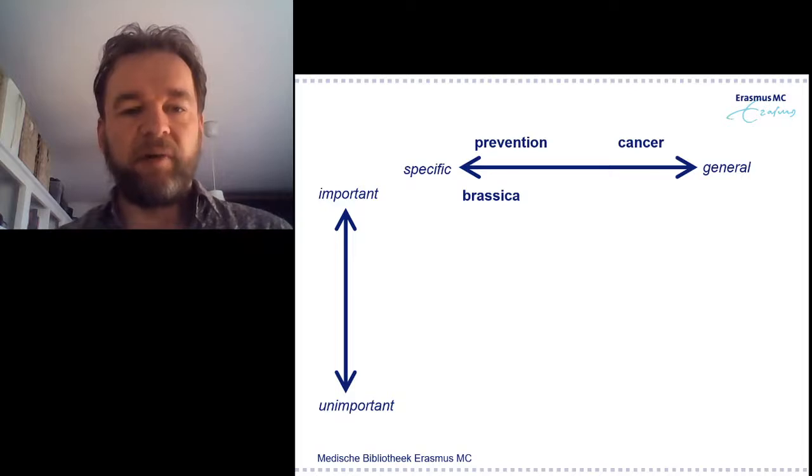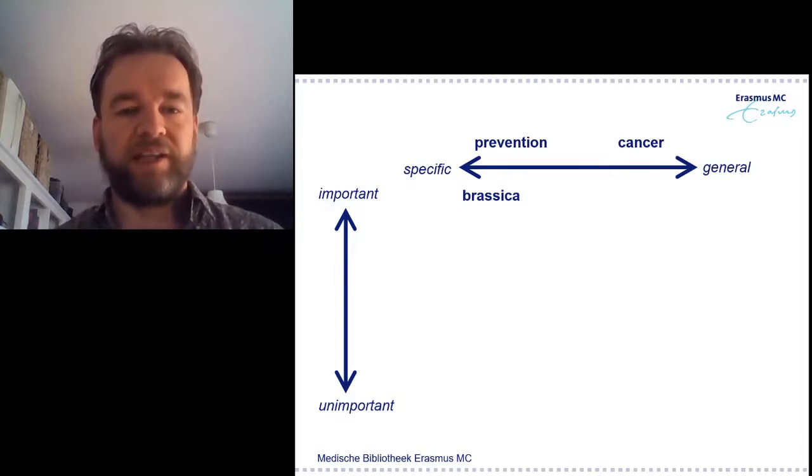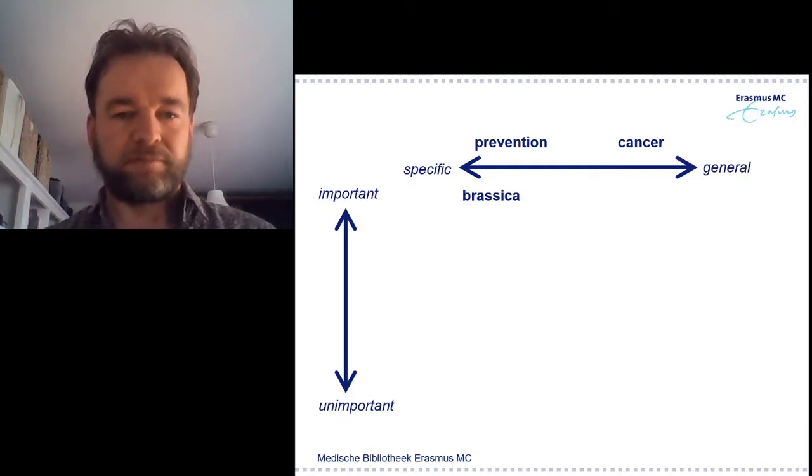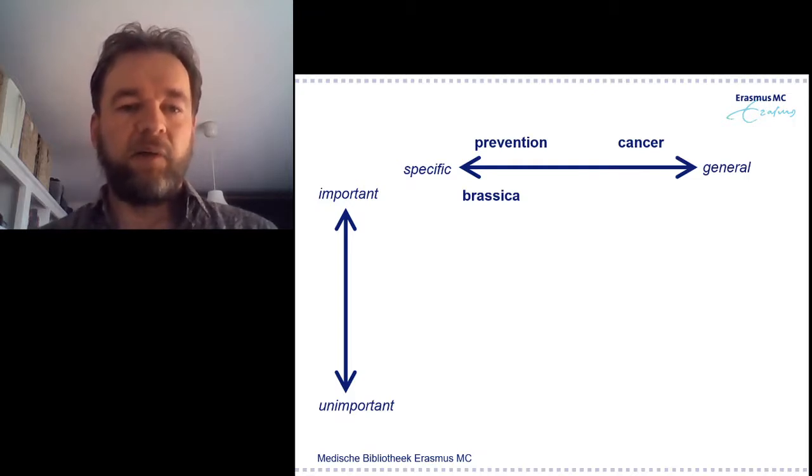Now, if we look at the element of prevention, prevention is much more general than broccoli. If you would search for prevention in PubMed, you will get about 1.7 million articles. Prevention is very general. Now we ask ourselves, is prevention important in our research question or unimportant?